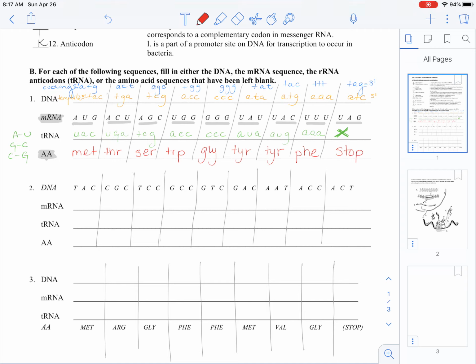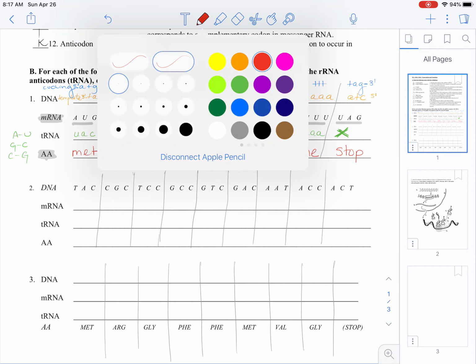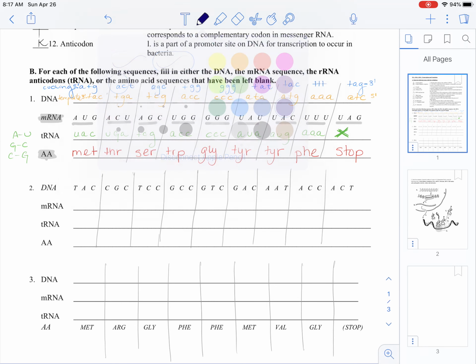A stop codon is going to be a place where we have the release factor bind. So let me just take a note here: no tRNA because of site for release factor.